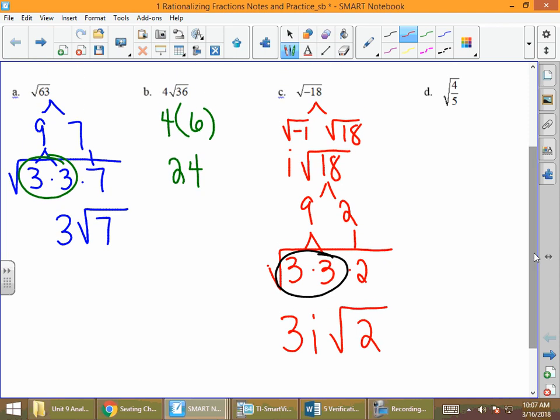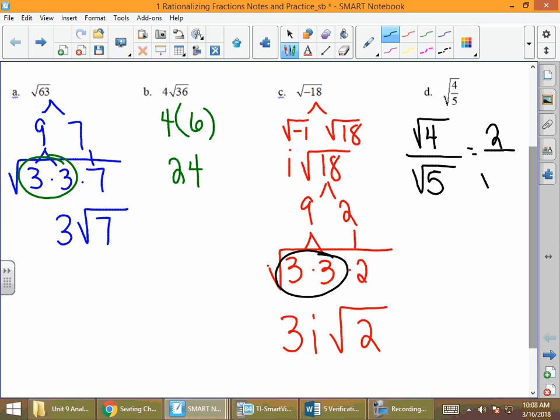Finally, over here on letter D, when we get a fraction, what I can recommend is to rewrite the fraction as the square root of 4 divided by the square root of 5. You can separate the fraction into two separate square roots. Can we take the square root of 4? It's 2. Can we take the square root of 5?